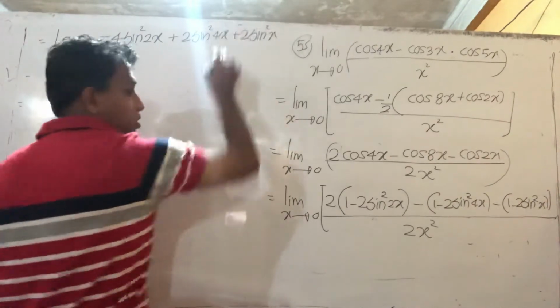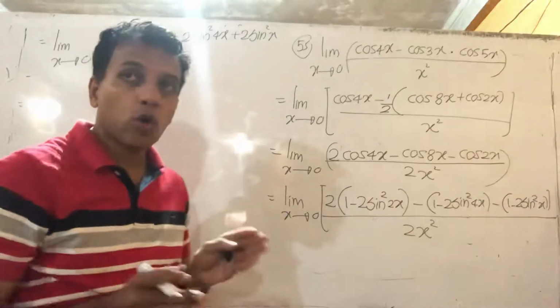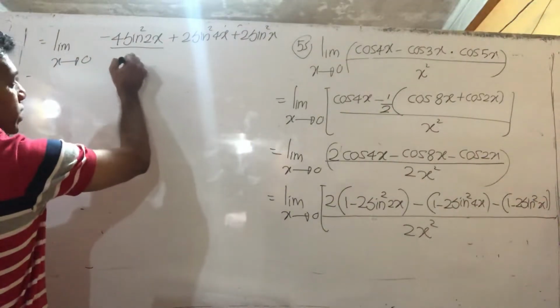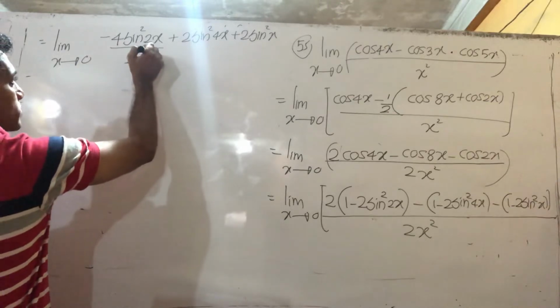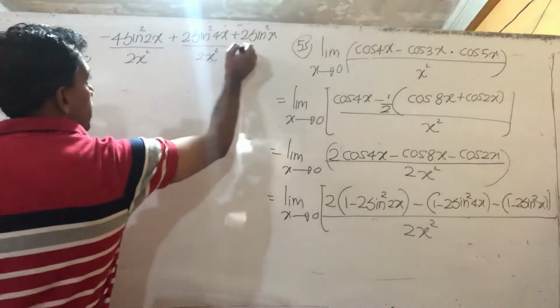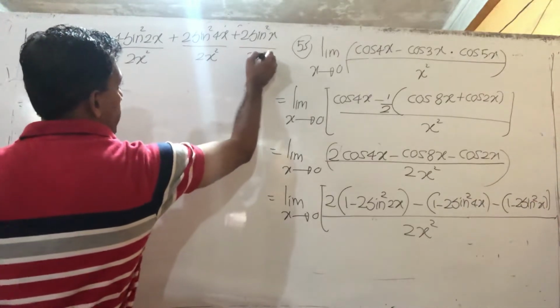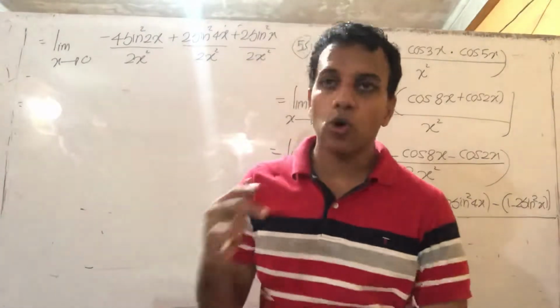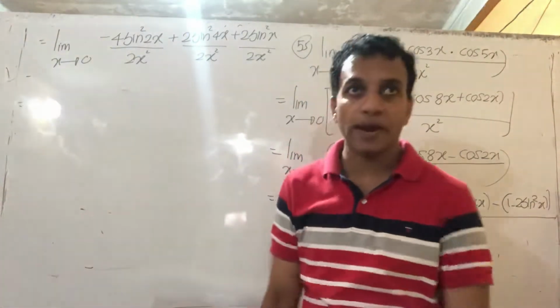So we have the sine theta over theta pattern. Can I write it separately for every part? 2x square here, also 2x square, and here also 2x square. Now rearrange the form into sine theta over theta, which is 1.